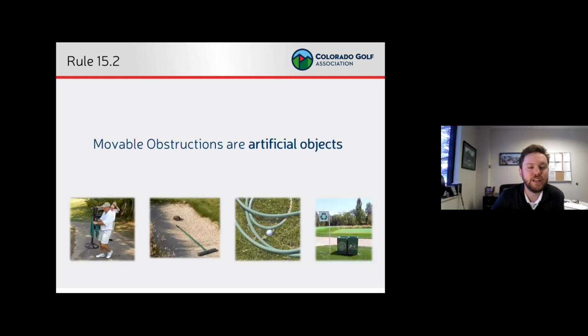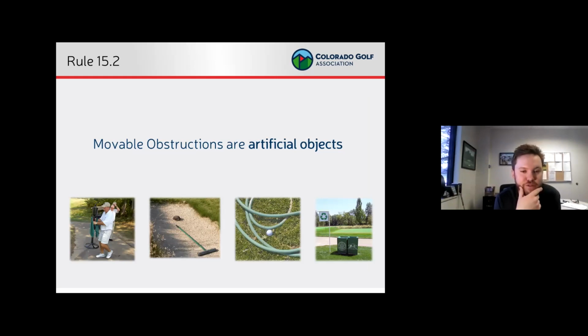Looking at movable obstructions, these are artificial objects. In the same way we saw that loose impediments were natural, these are artificial. All these things are there in a broad sense to care for the golf course, and to care for player equipment. We've got a ball washer, to clean your golf ball off, a bunker rake, and a sprinkler or cover. That's to take care of the course. We hope you're using bunker rakes.